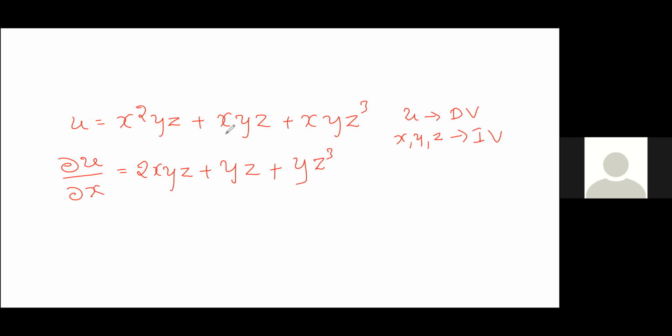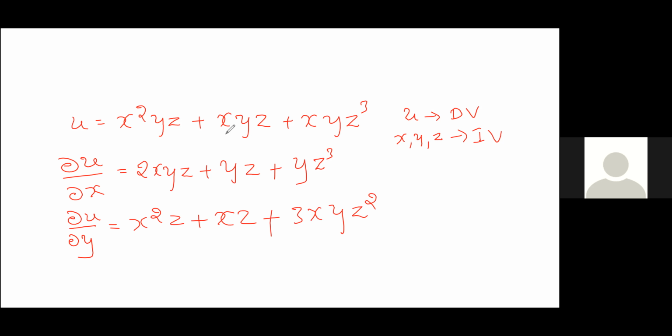So find dou u by dou y. Dou u by dou y. x square z plus xz plus 3z square x. xyz square, right?